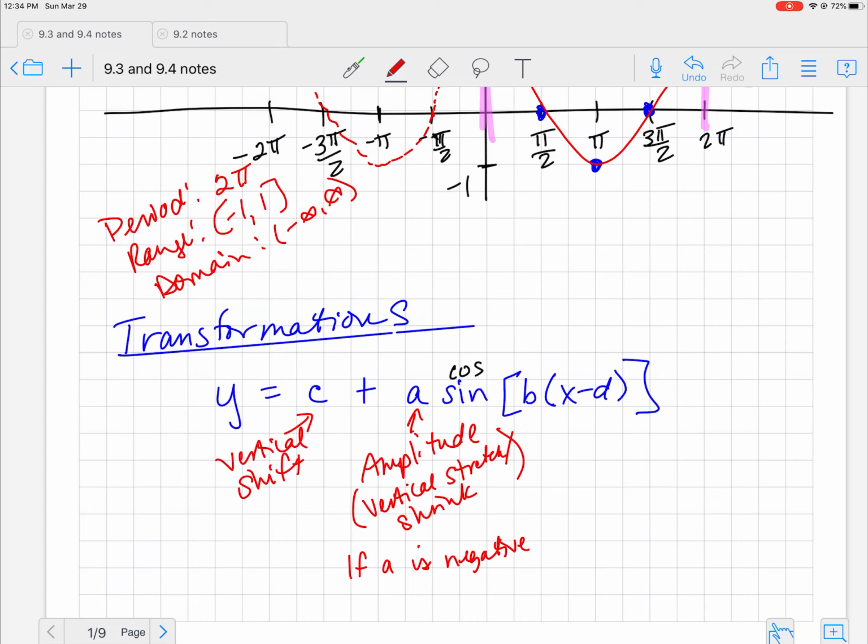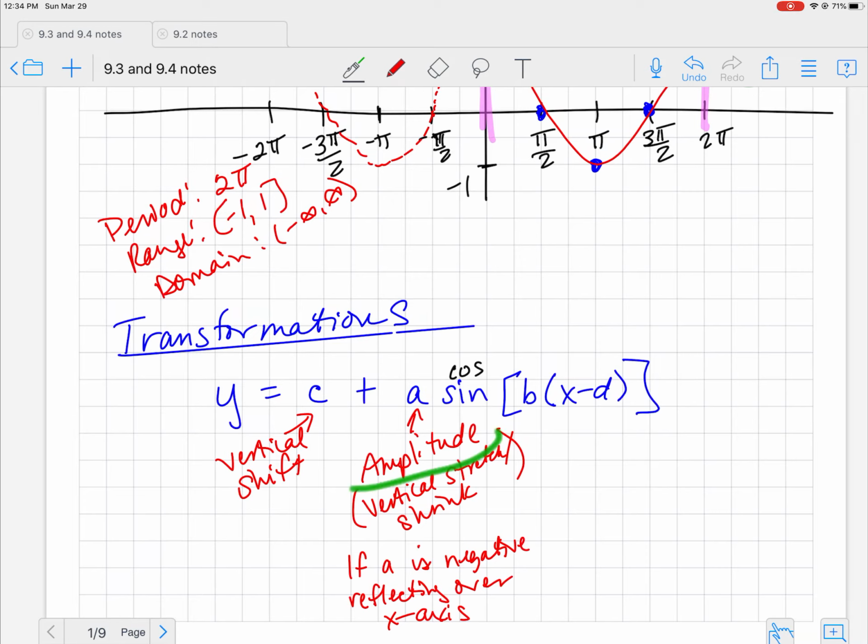If a is negative, what do you think is happening? If I have that negative amplitude or negative vertical stretch or shrink, what happens there? Yes, it's that vertical reflection. So I am reflecting over the x-axis.